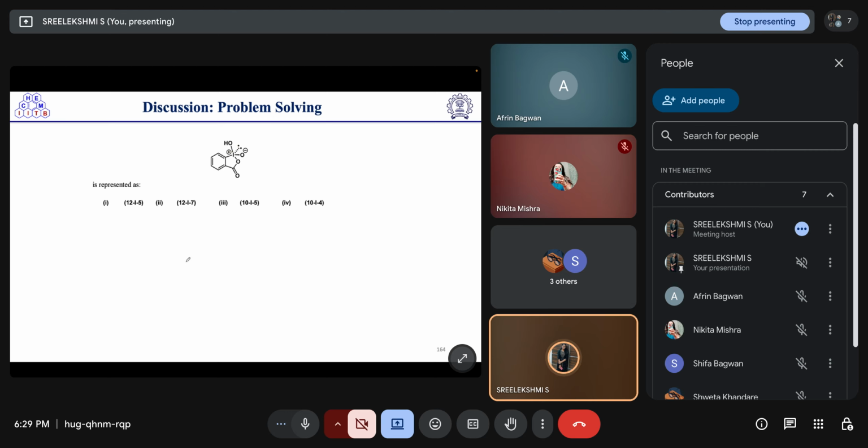Moving to the last question of the week 2 assignment. So this compound is represented as 12-I-5, 12-I-7, 10-I-5, 10-I-4. So which is the correct representation for this compound?